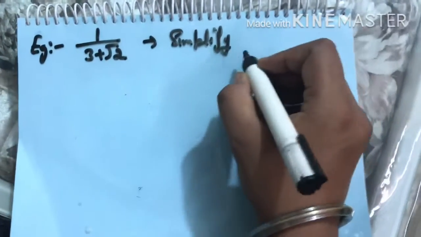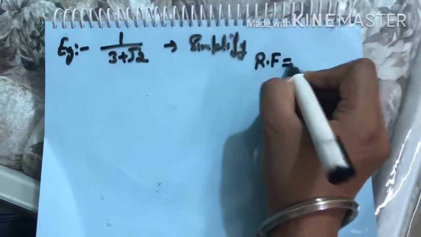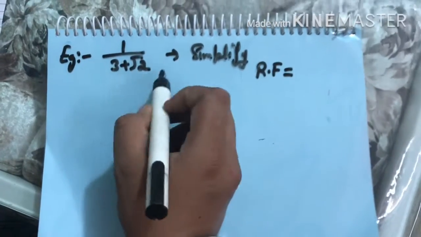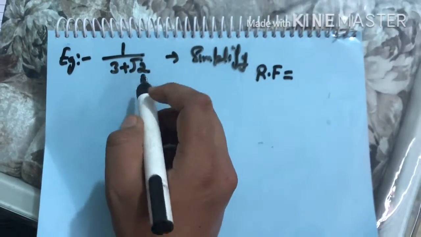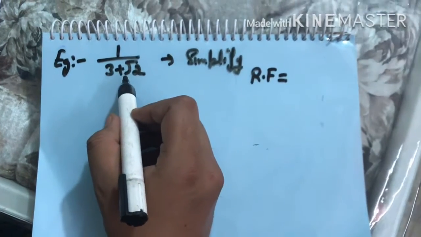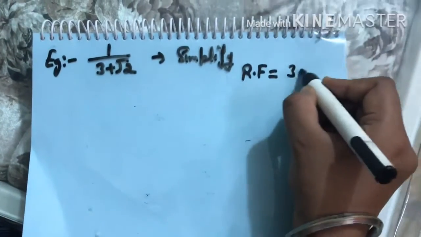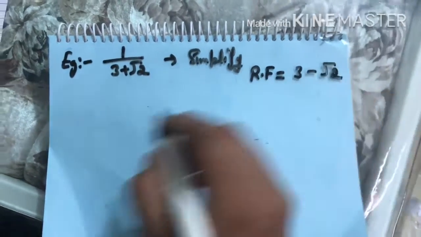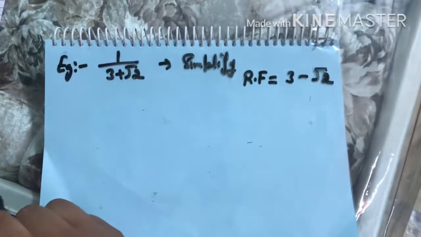First we have to get the rationalizing factor. The denominator is 3 plus root 2, so we find its rationalizing factor, which becomes 3 minus root 2. So how are we going to rationalize this?